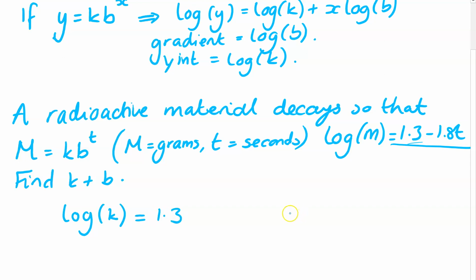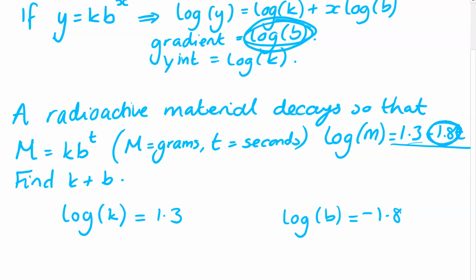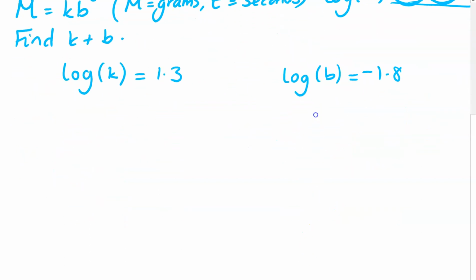And we know that log of b has to be equal to negative 1.8. All I've done is said the gradient, log b, is equal to negative 1.8, and log k is equal to 1.3. So I'm just matching up the parts of the equation. Now I'm going to have to solve them.